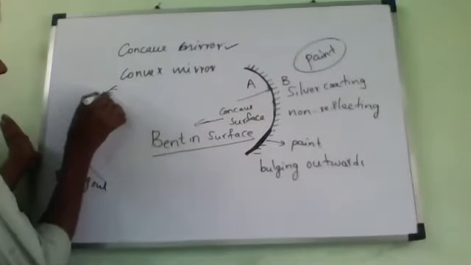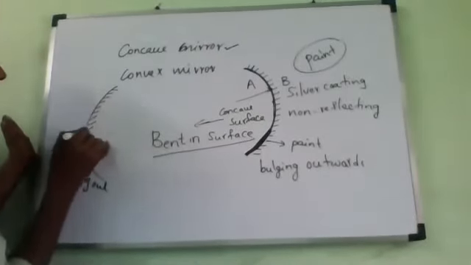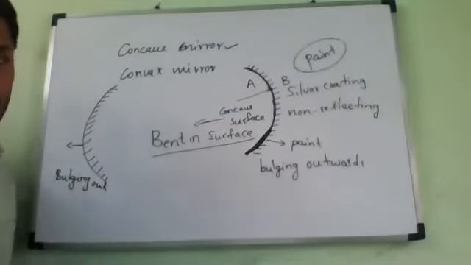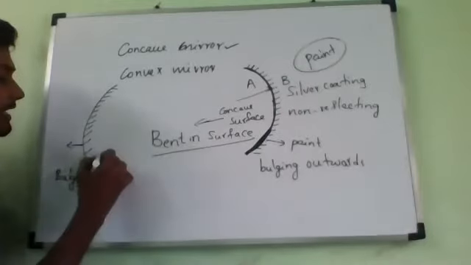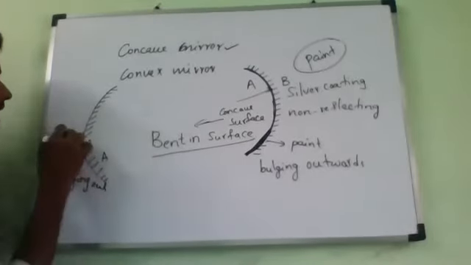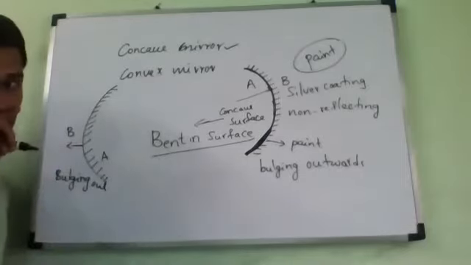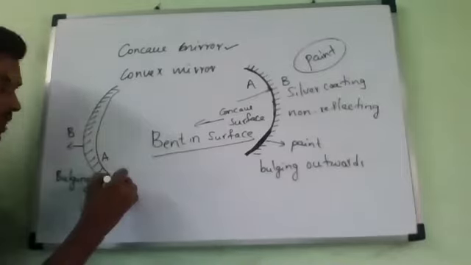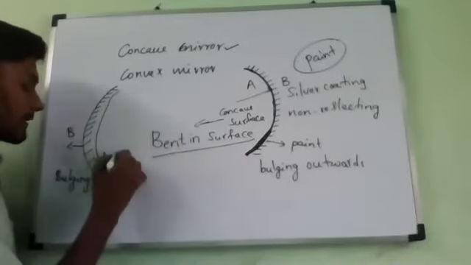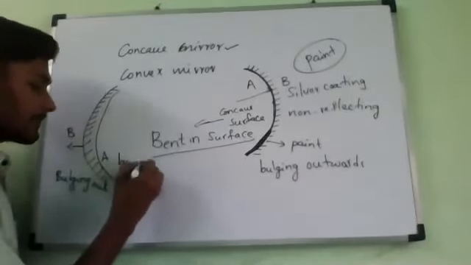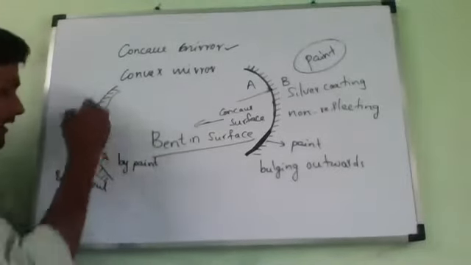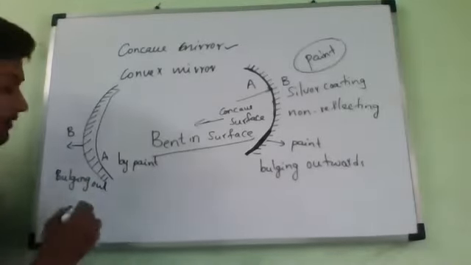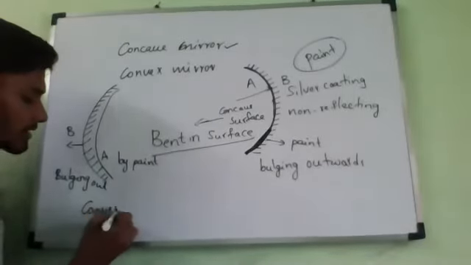So the inside bent-in surface is the non-reflecting surface, and the bulging-out surface is the reflecting surface. Let us take the non-reflecting surface as A and the bulging surface as B. The non-reflecting surface is coated with silver and protected by a red paint, and the bulging-out surface is the reflecting surface. This one is called a convex mirror.